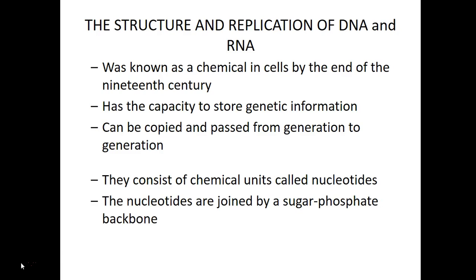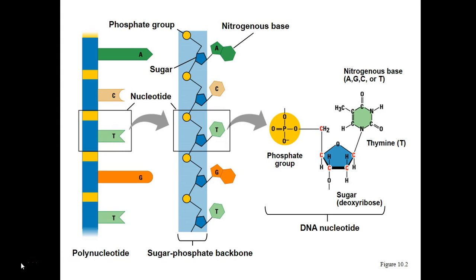And that these nucleotides join together with a sugar phosphate backbone. But up until the 1950s, this structure that you see in front of you was really unknown. So now we know that both DNA and RNA are what we would call polynucleotides.